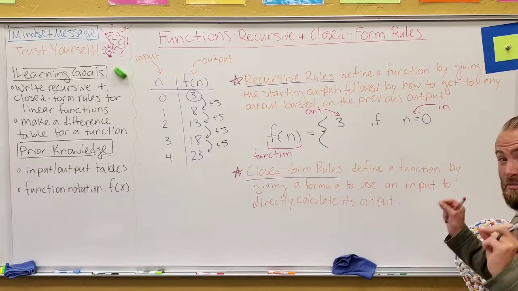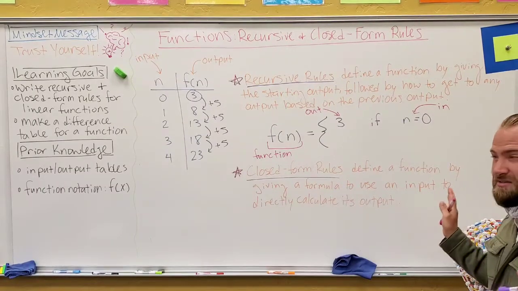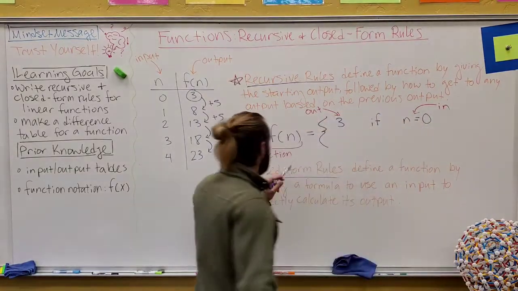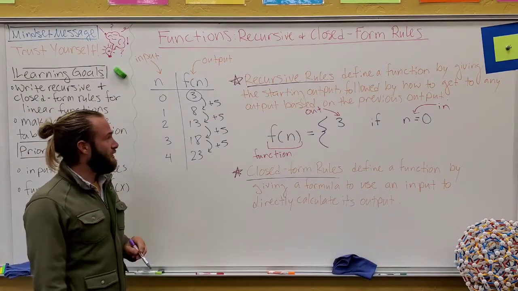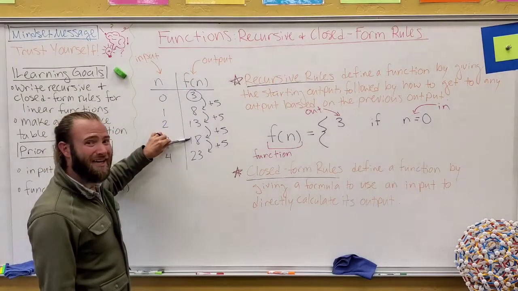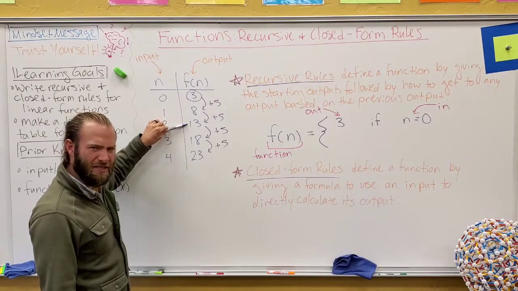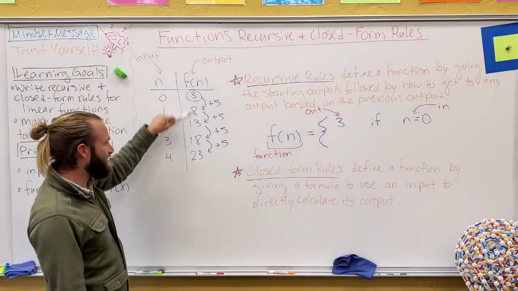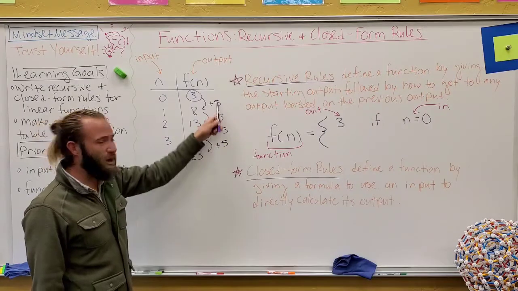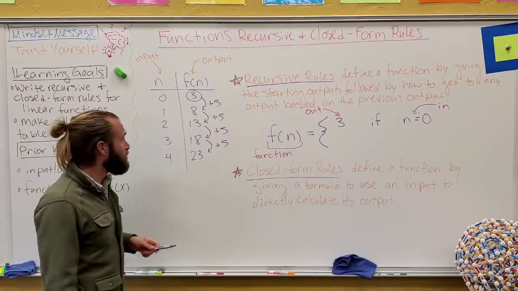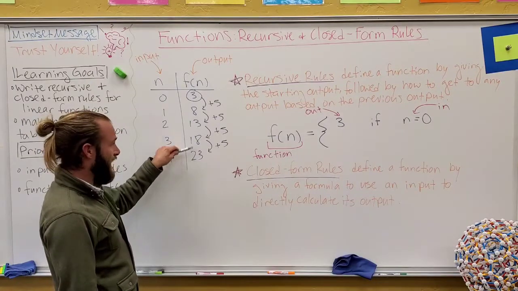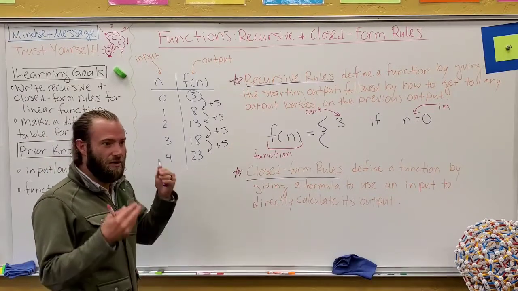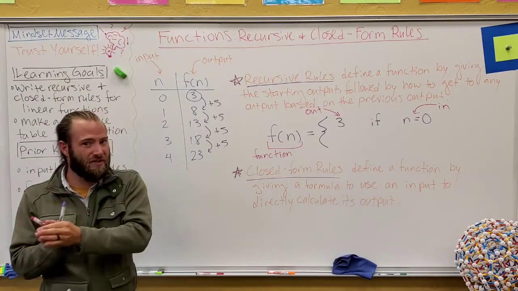Now the next thing's going to be a little bit trickier. This is kind of weird because it's a concept that's pretty brand new for people. But bear with me here. Just answer this question for me. To get to 18, what did I add to the previous output? Well, this was 13, and to get here I added 5. And in fact, that's true for all of these. This amount we're adding is constant the whole time. So wherever I'm at, if I'm at 23, how did I get there from the previous one? I added 5. So this one's all about building an output in relation to its previous output.